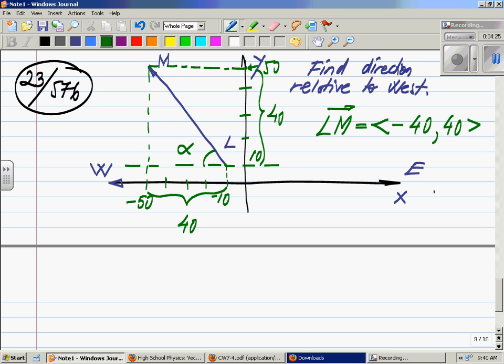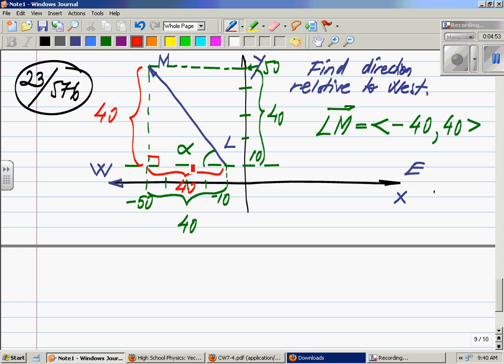However, the question is not asking me to find LM's magnitude. I have to find the direction of LM relative to west. So I'm looking at this right triangle, where I know that this side is 40 units and this side here is also 40 units.